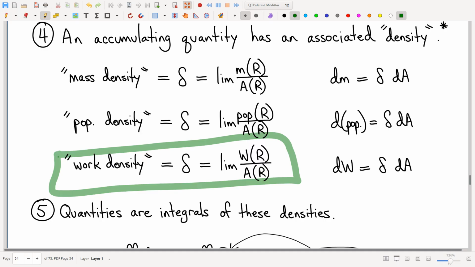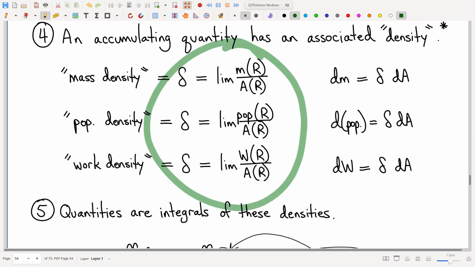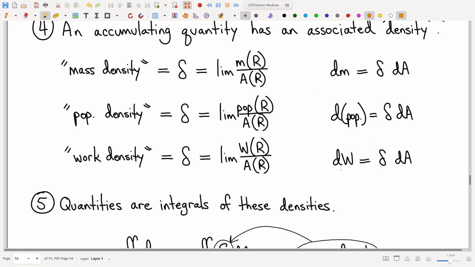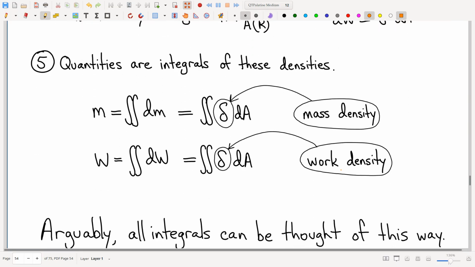Okay. All right. By the way, don't forget, we think of densities as stuff per unit area, but another way to say that is that it's what you multiply by area to get stuff. All right. And, well, don't forget what we do with densities. They're integrands. Right?